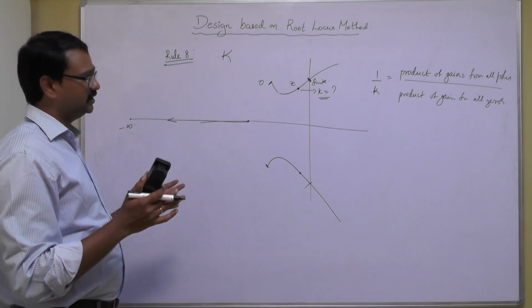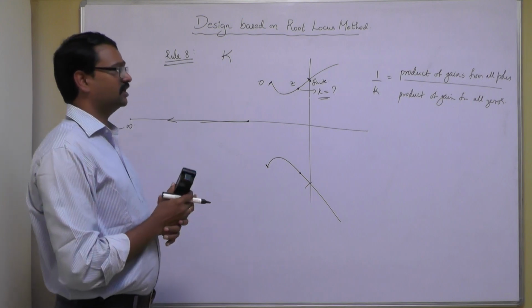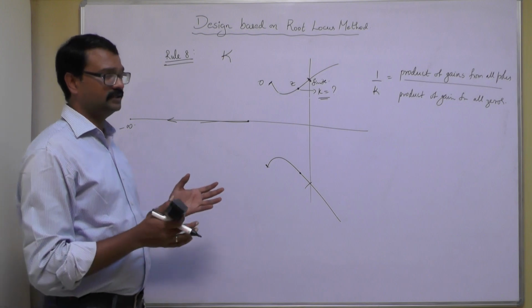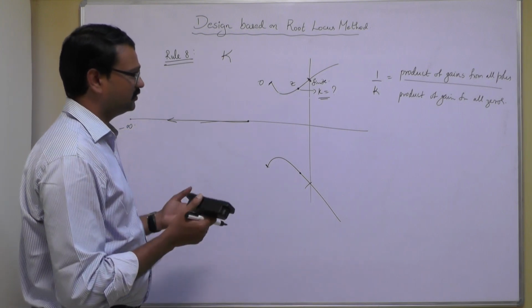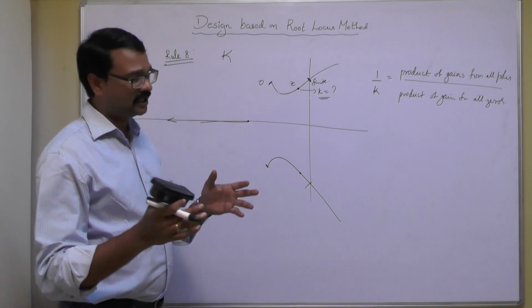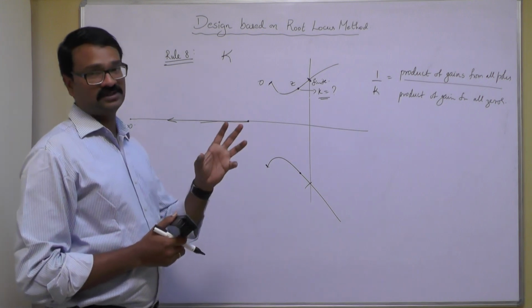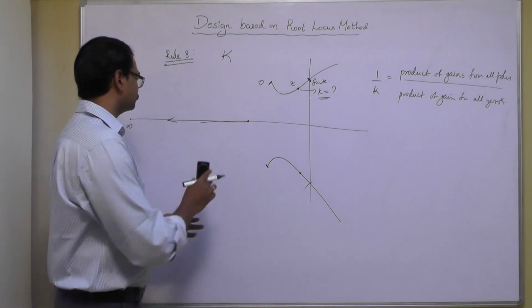We want a particular range of K, because we are working on physical systems, and these physical systems cannot be infinitely used, because there are limitations for every physical system. Therefore, you require only finite values, and hence the range of K can be determined using this root locus method for the closed loop system to be stable using open loop poles and zeros.